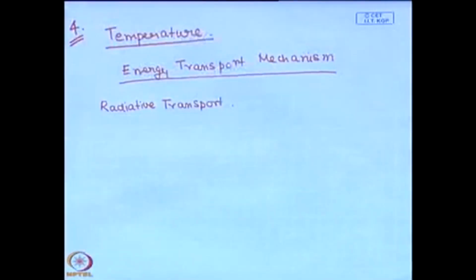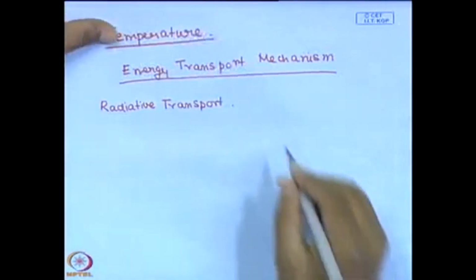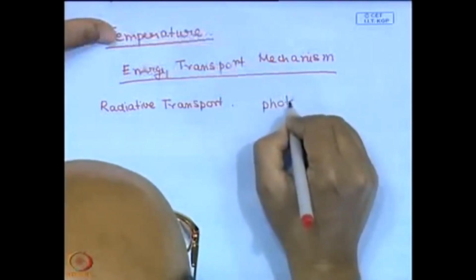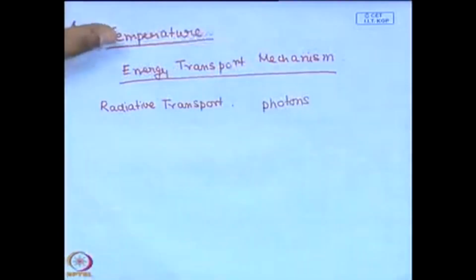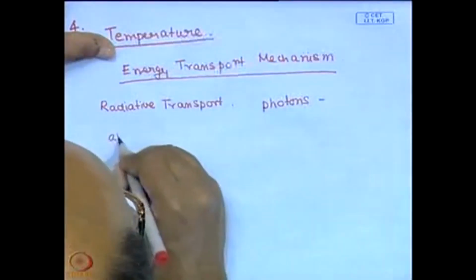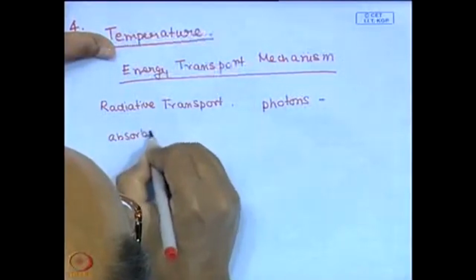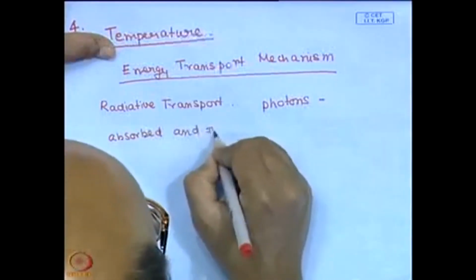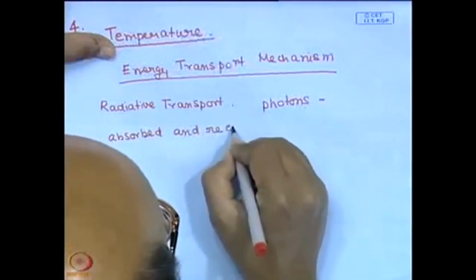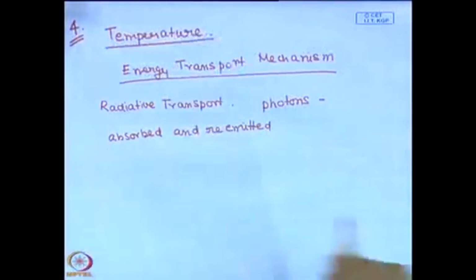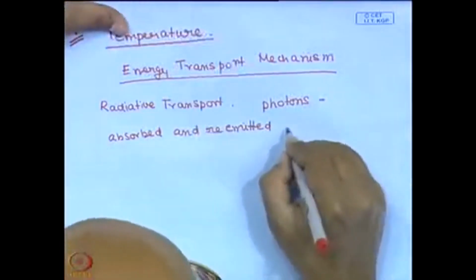So, in radiative transport, what happens is that the photons get absorbed and re-emitted, and they slowly make their way across the sun, okay, and they diffuse.